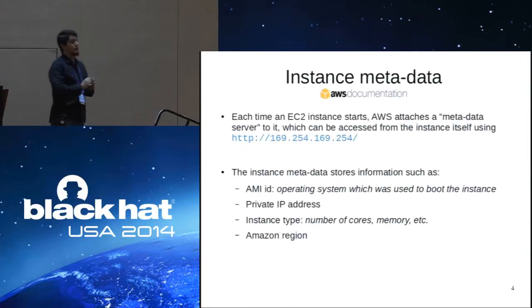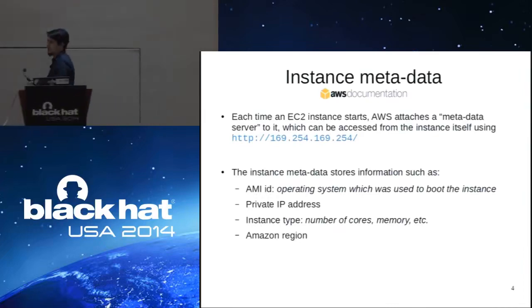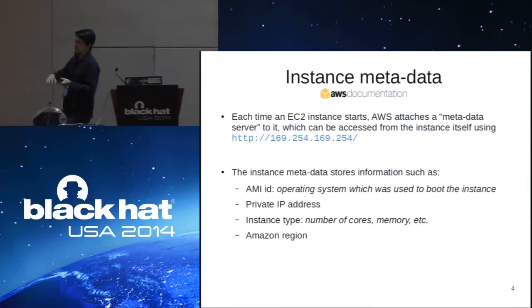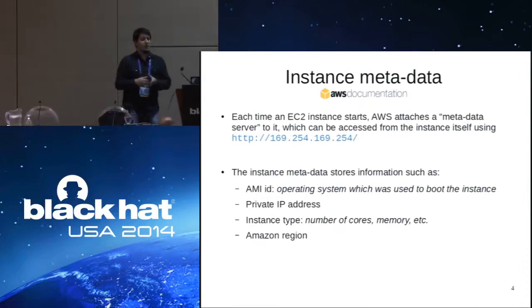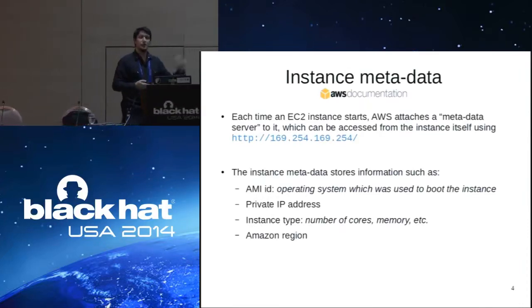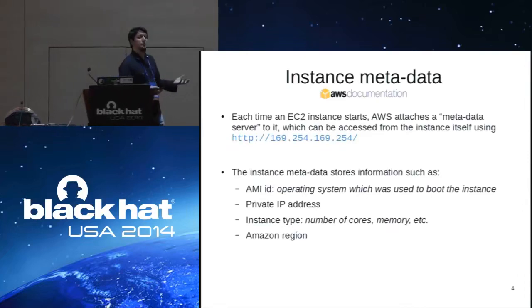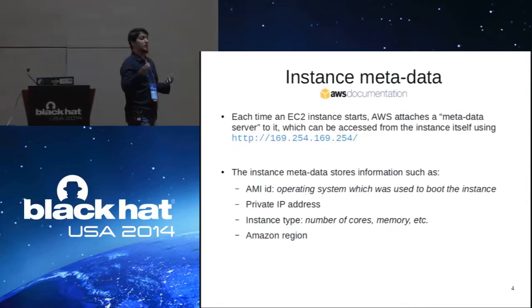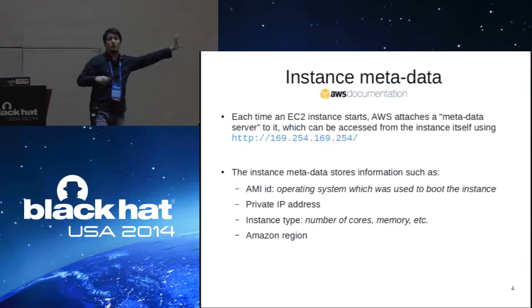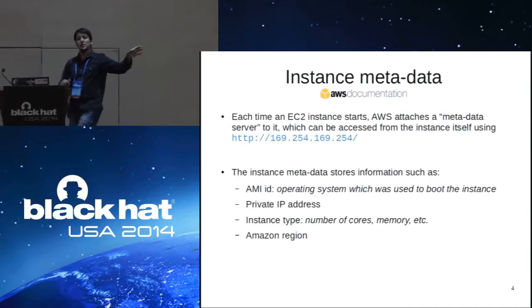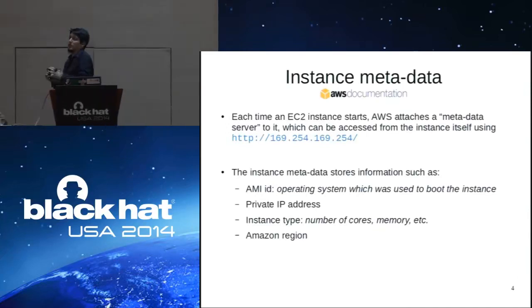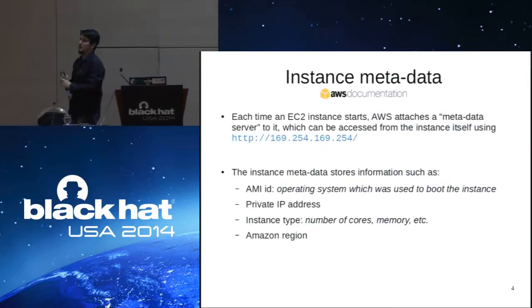You can only access that IP address and the metadata that it stores from that individual instance. So from instance A, you cannot access the metadata from instance B. But in this case, because of the vulnerability of the HTTP proxying, I was able to access the metadata from anywhere in the world, all right? Because we had a vulnerable web application living in that EC2 instance.